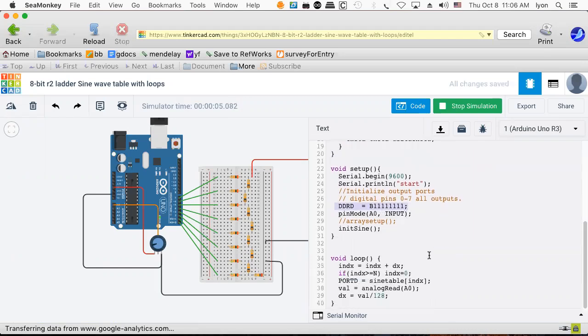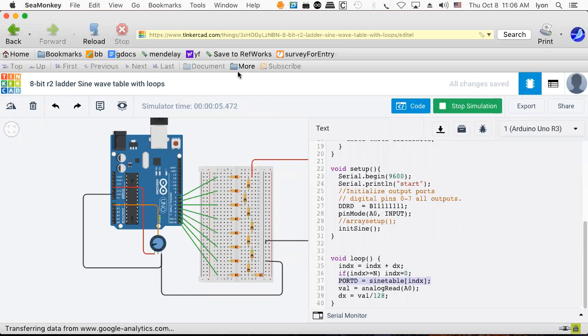And then to set port D on the sine table, which is this port right in through here, pins 0 through 7, we just assign it port D equals, and then that'll change the output. And so that's kind of cool. What you want to know in order to know how the ports are mapping to different pin numbers is you want to do the Arduino pin port mapping.